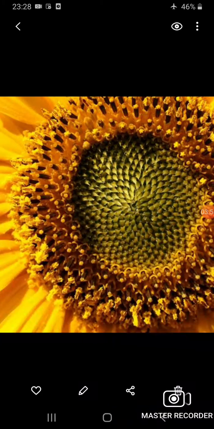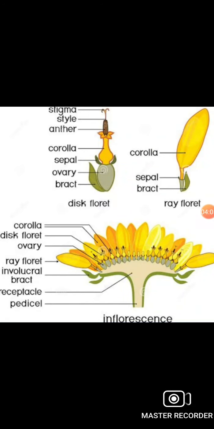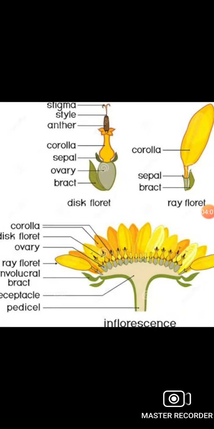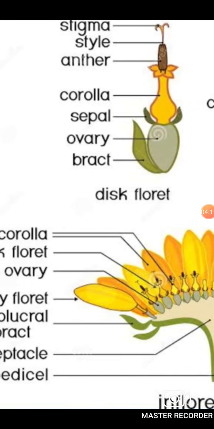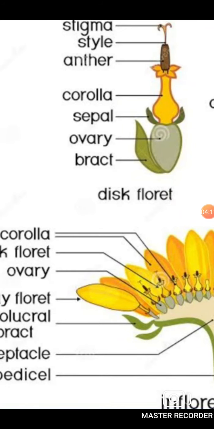Now the yellow part which is at the rim, they are the ray florets which are present at the periphery. Now here we can see both disc floret and ray floret. Now this disc floret is having all the four whorls of a flower, that is calyx, corolla, androecium and gynoecium.